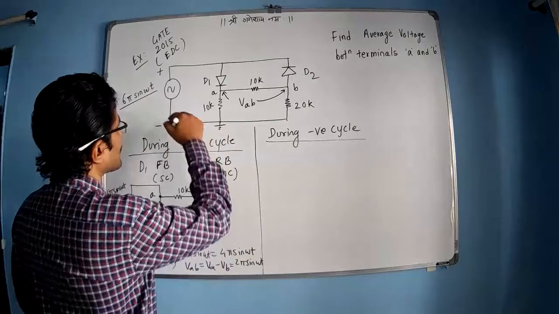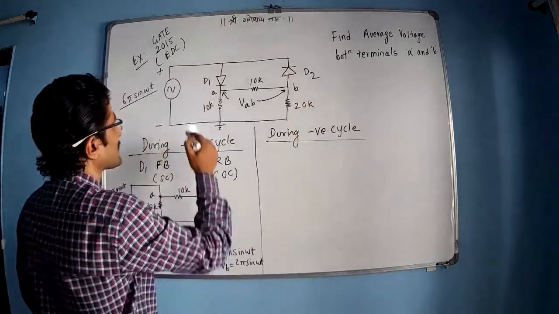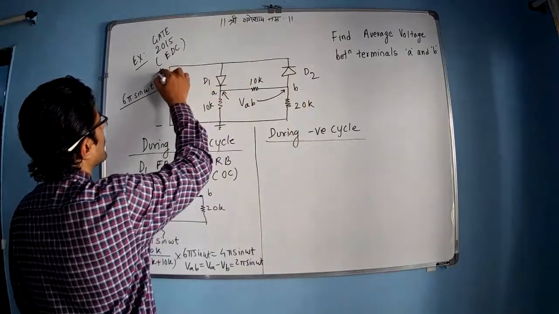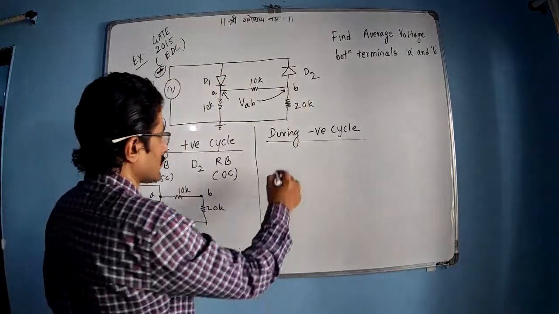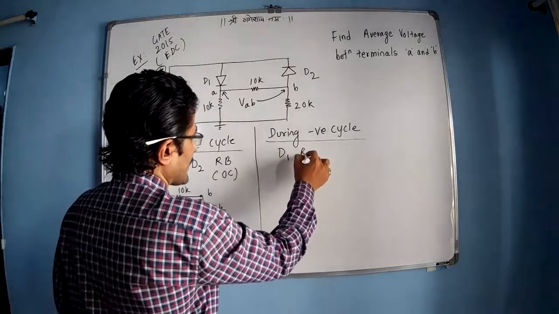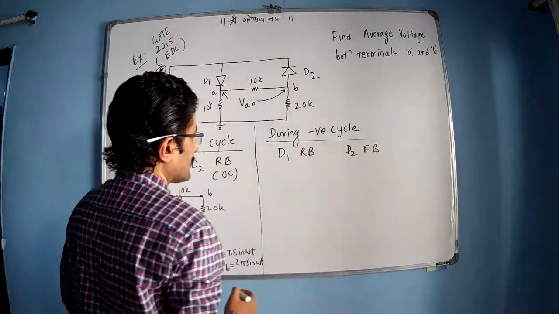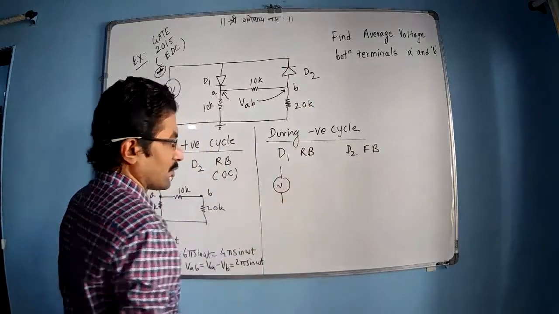During the negative half cycle, D1 will become reverse biased and D2 will become forward biased. This terminal will change to negative, and this will change to positive. So your circuit will look like this, this is your input.